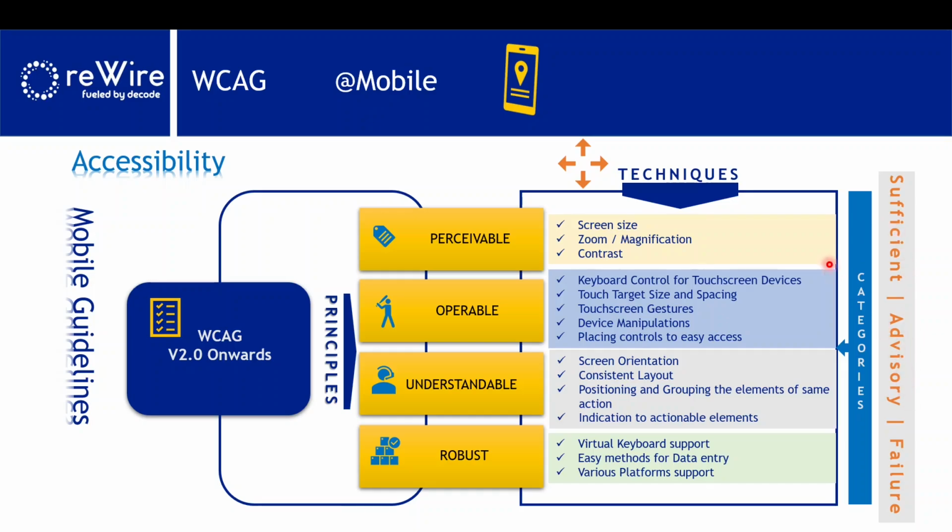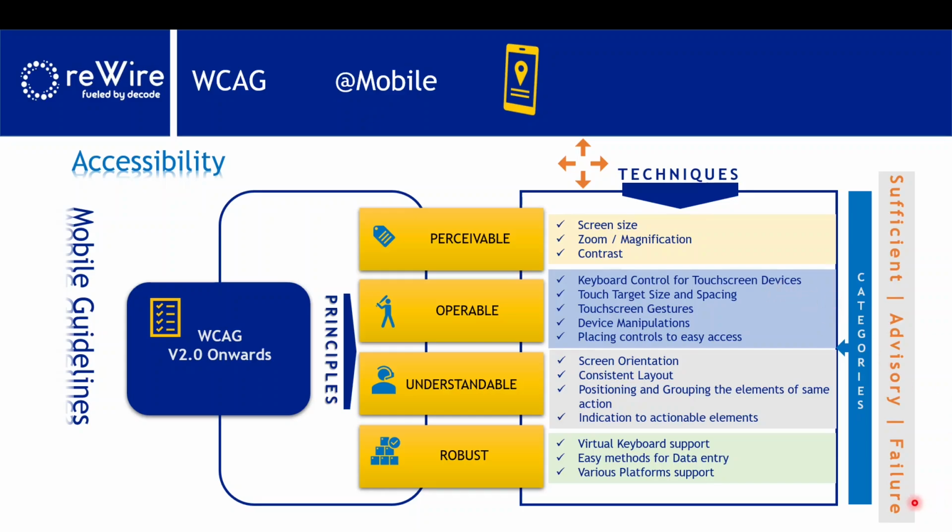And then advisory: you have certain things, and if you have them, they will be useful to users, which is a kind of professional quality.